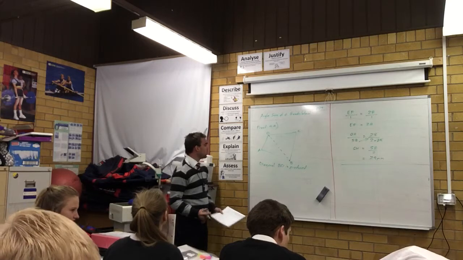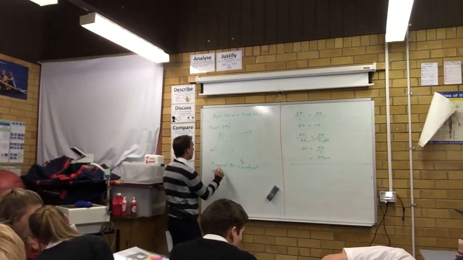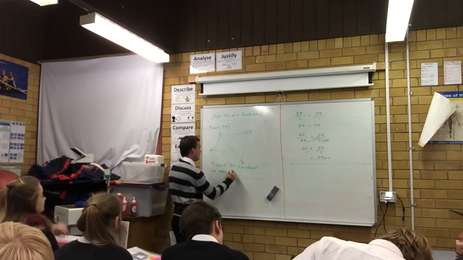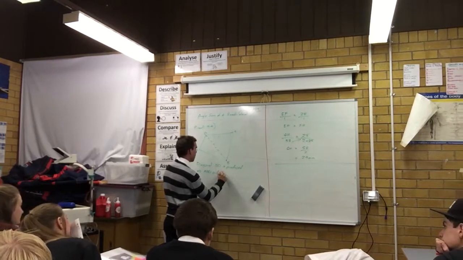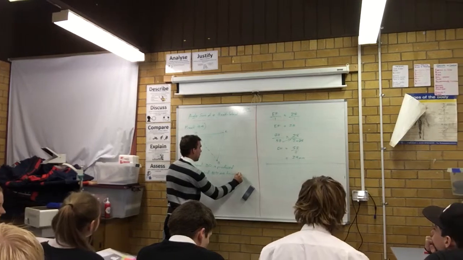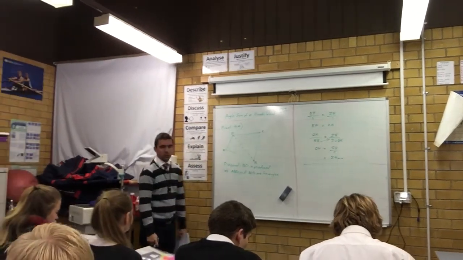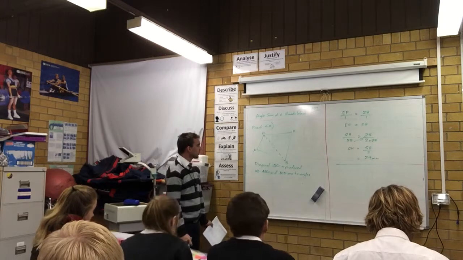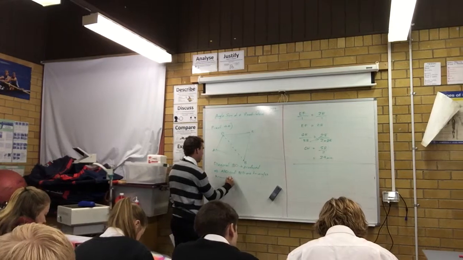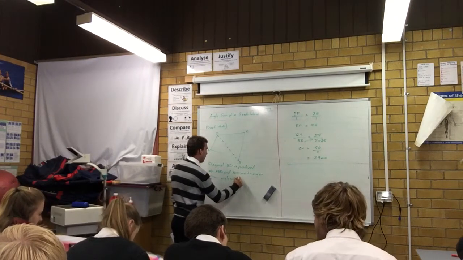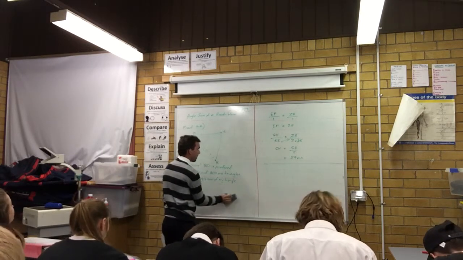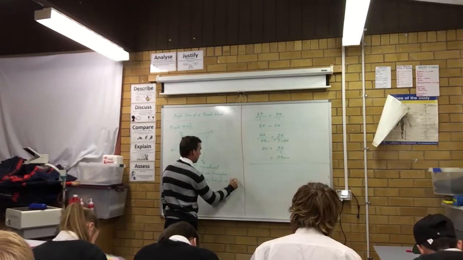Right, so diagonal BD is produced, which implies that ABD and BCD are triangles, three-sided polygons. And we know the angle sum of any triangle is 180 degrees.